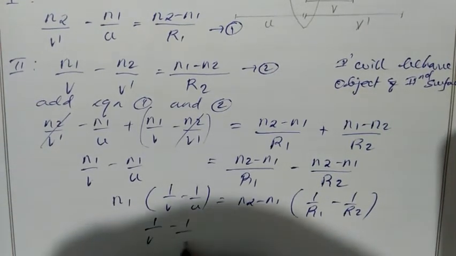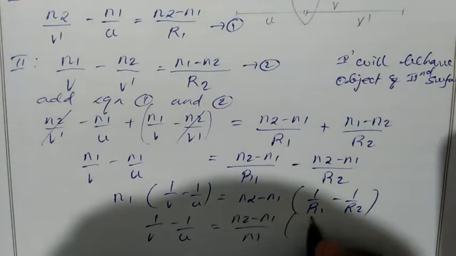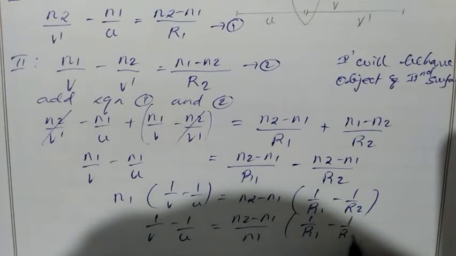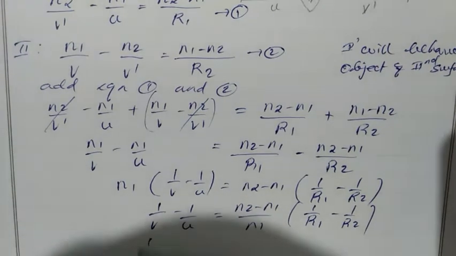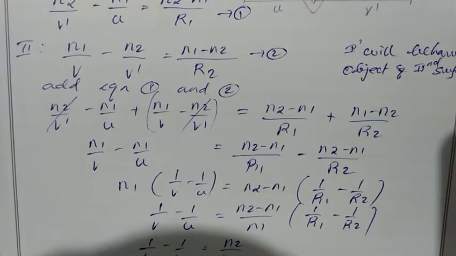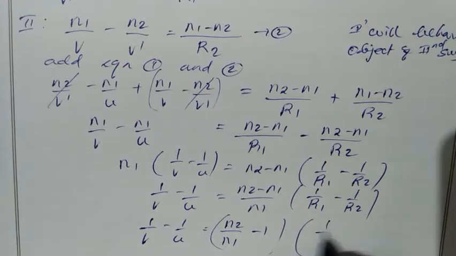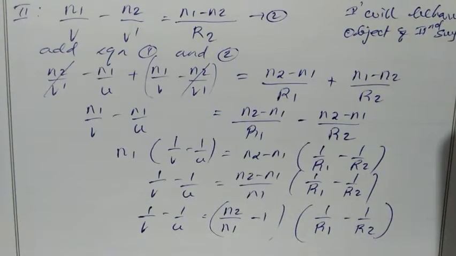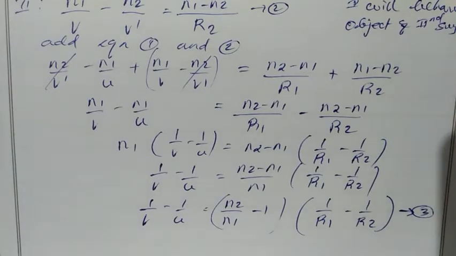We have 1 by v minus 1 by u equal to n2 minus n1 divided by n1, times 1 by r1 minus 1 by r2. So 1 by v minus 1 by u equal to n2 by n1 minus n1 by n1. n1 by n1 is 1, so we simply put minus 1. Then 1 by r1 minus 1 by r2. So this is our final equation. Okay, we take this equation as 3. Kindly remember this equation.